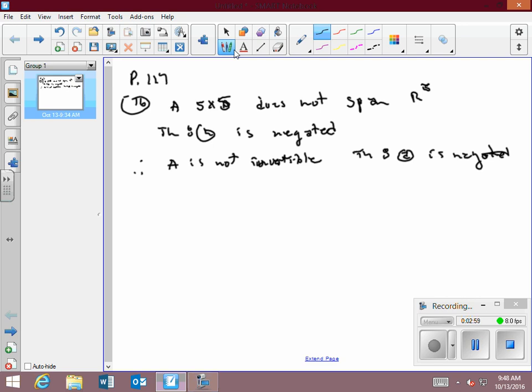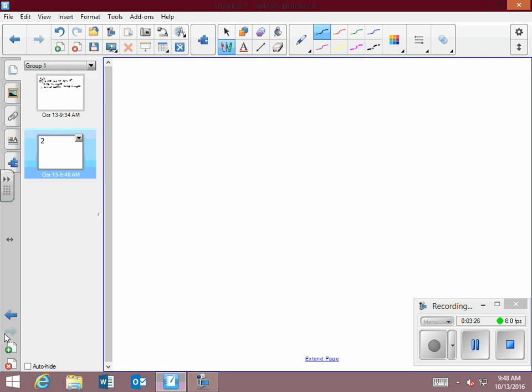It's not true. And if theorem 8H is not true, then every one of those other elements is not true. And that means that theorem 8A is not true. A is not invertible. So they're either all true or they're all false. That's how you would prove that particular thing.